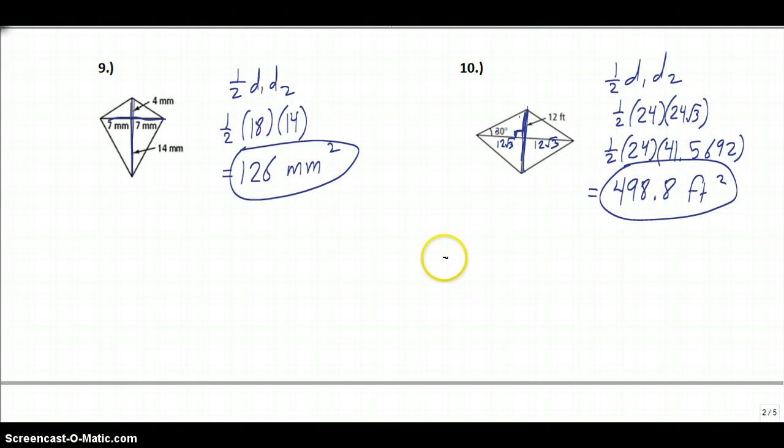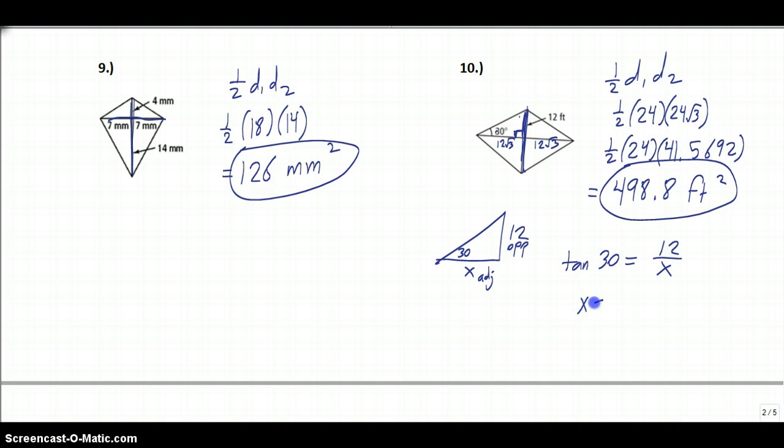By the way, if you didn't know how to use the 30, 60, 90, you could certainly use what you know about sine, cosine, and tangent. 12 is the opposite of the 30. X is the adjacent, so that would be tangent. Tangent of 30 equals 12 over x.